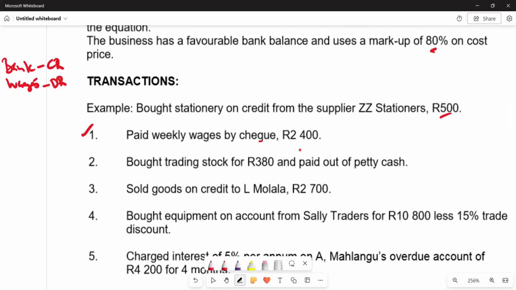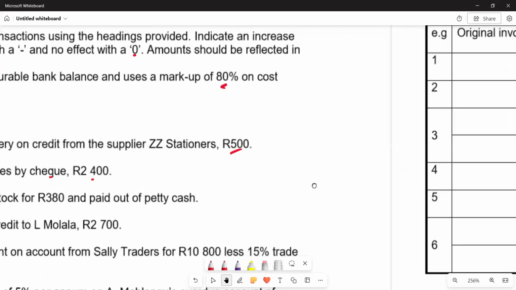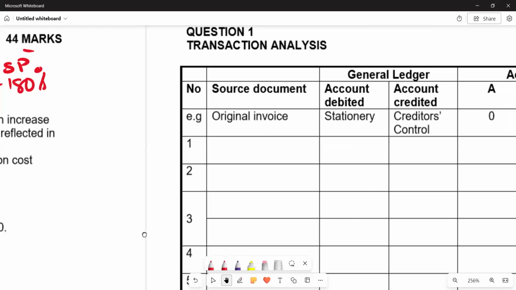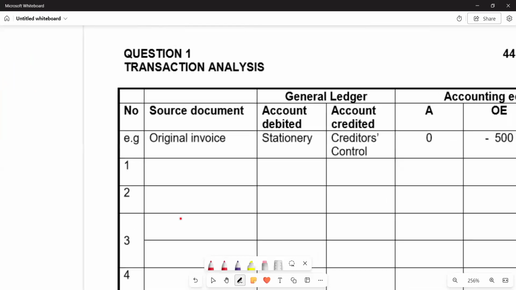So this is what we have. The amount is 2,400. We are just going there and first of all put our double entry. Then we identify the effect on the accounting equation. Remember, it's a check, so our source document is going to be a check counterfoil.